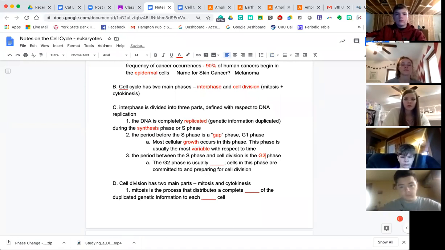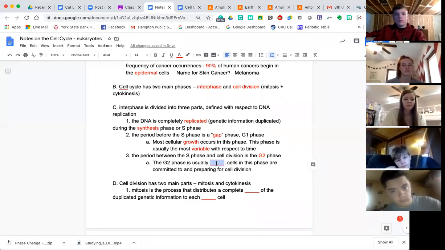The period between the S phase and cell division is called the G2 phase. This is when the cell is saying, hey, I'm just about to divide, let's get ready. So do you think it spends a long time there or a short time there? Short. Right.